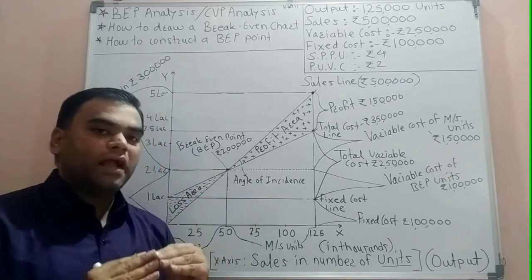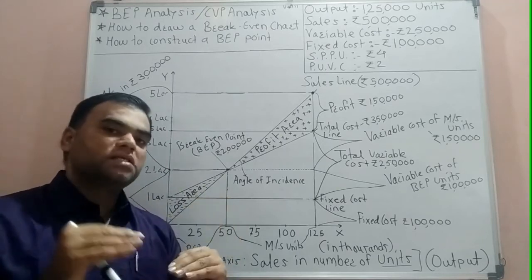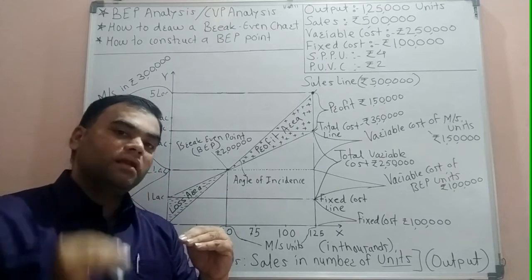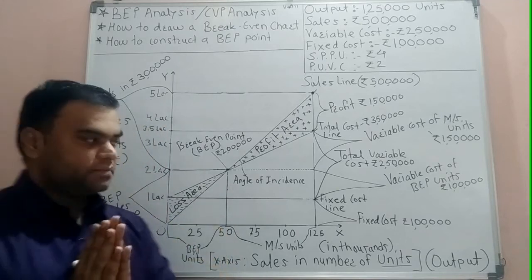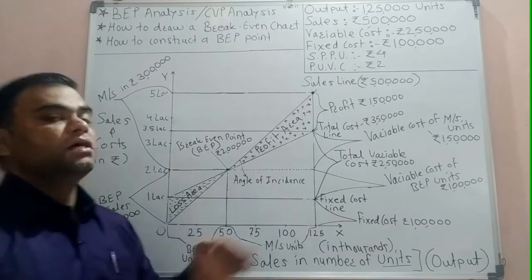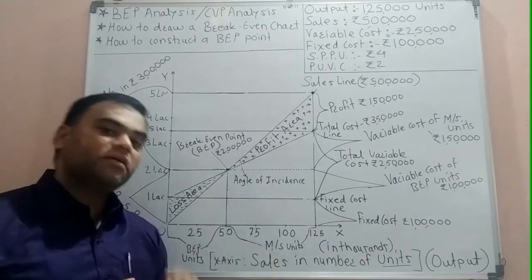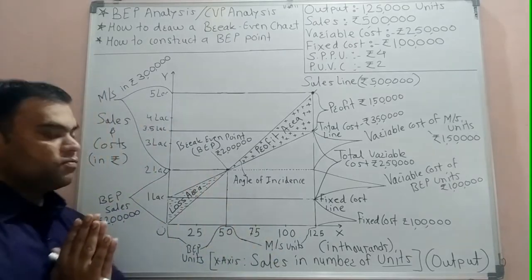Angle of incidence more, profit more; angle of incidence less, profit less. Angle of incidence more, BEP less; angle of incidence less, BEP more. Okay. So up to this stage, what have we discussed?